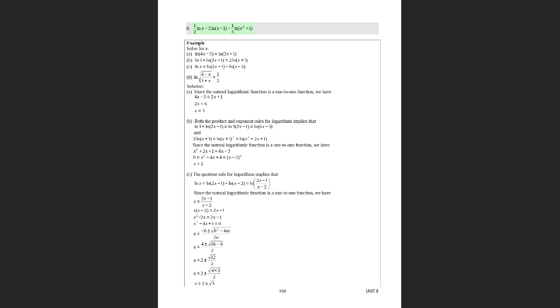I think the answers are even here. And here too, when you are to solve it here, the ln will just go away. You can just cancel out the ln. Then you just solve the x. And here, you have to know that ln a plus ln x will be the same as ln 3, 2x minus 1 equals to ln of x plus 1 all squared.